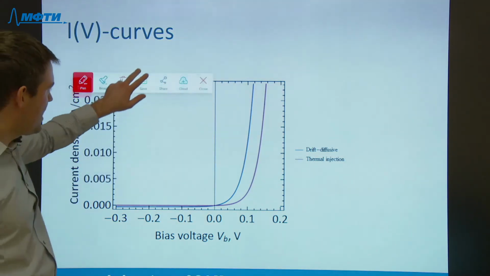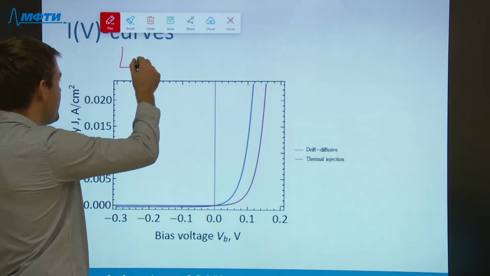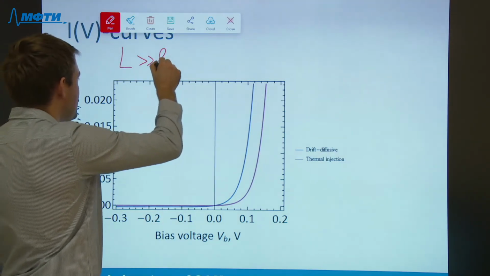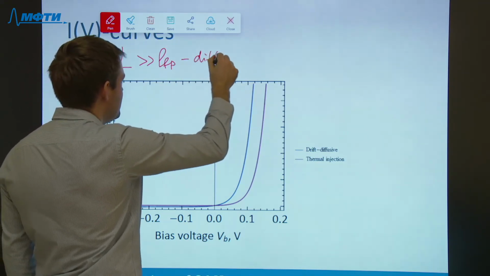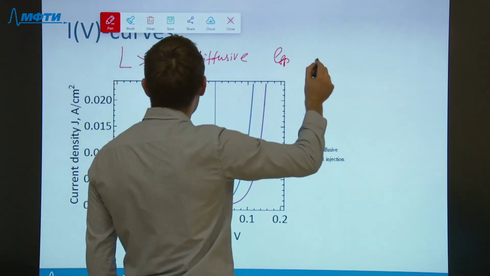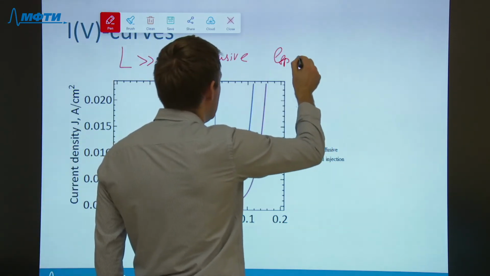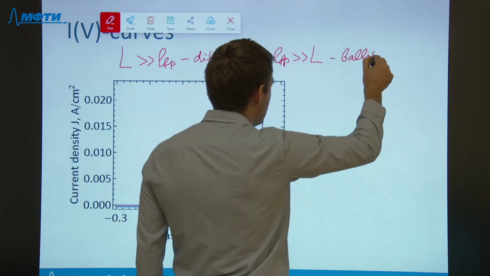The formal answer is that when the device length is much larger than the mean free path, we use the diffusive model. Otherwise, when the free path is larger than the length of the device, we use the ballistic model.